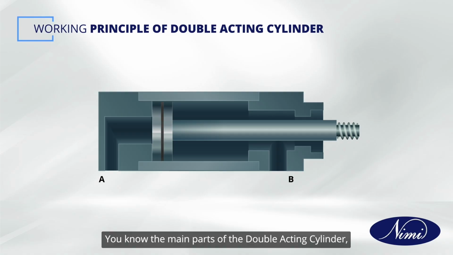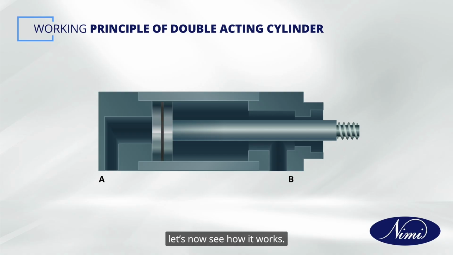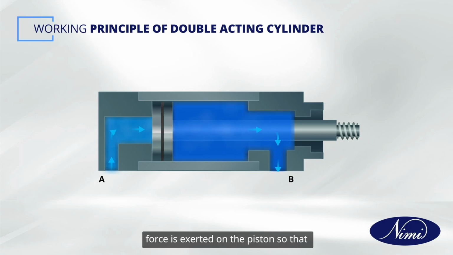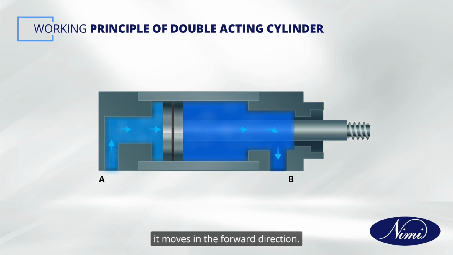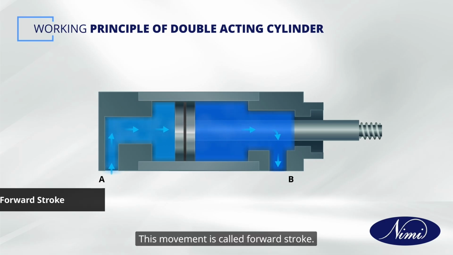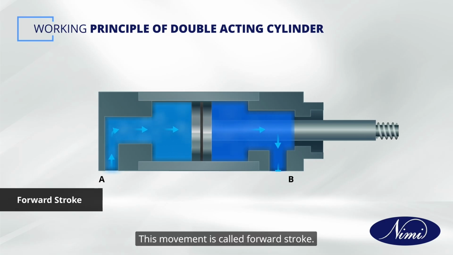You know the main parts of the double-acting cylinder. Let's now see how it works. When air is supplied through port A, force is exerted on the piston so that it moves in the forward direction. This movement is called forward stroke.